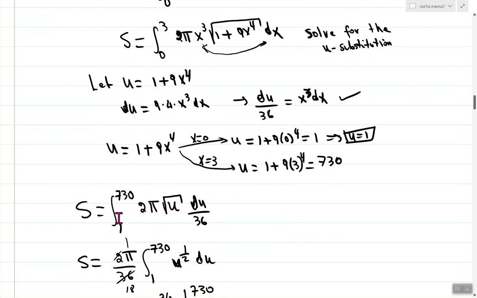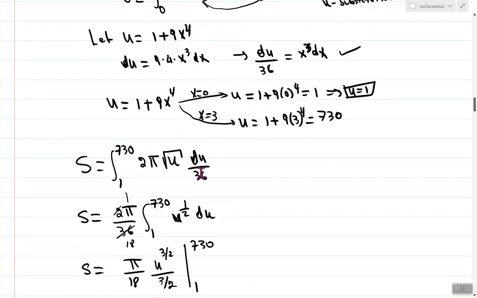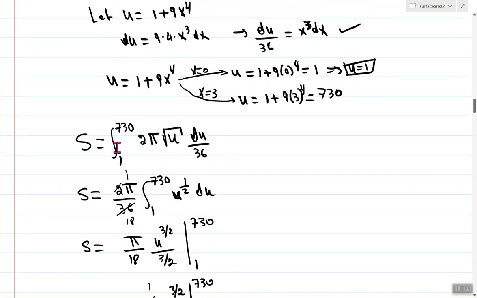So when I change my integral from the x integral to the u integral, I'm going to integrate from 1 to 730 of 2 pi times, now this is the square root of u, and then x cubed dx we know is du over 36. So now I have the u integral. I can bring all the constants outside, 2 pi over 36.